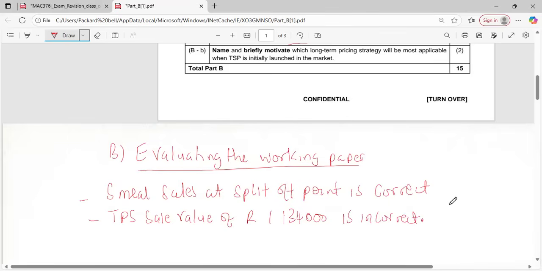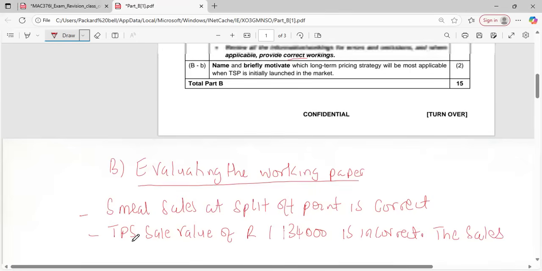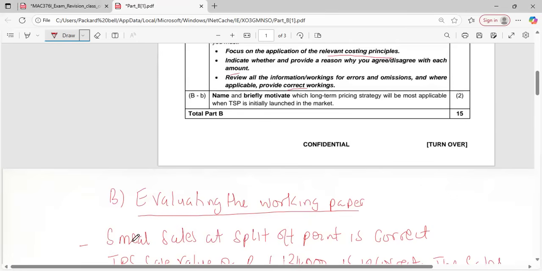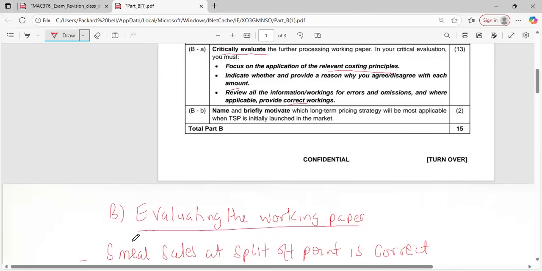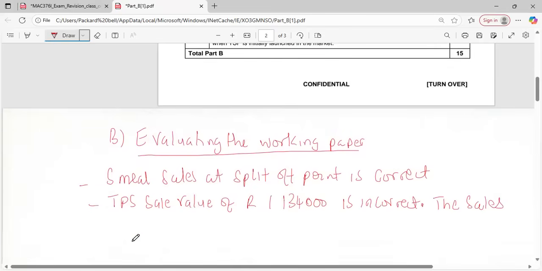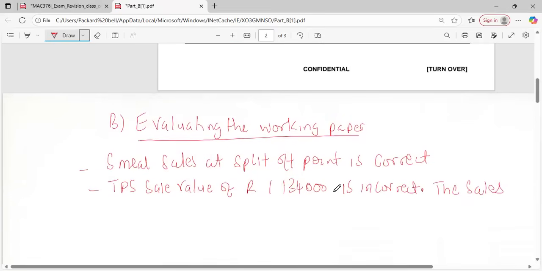Then you say the correct sales value is, oh, they say we are supposed to provide reasons, relevant information, working areas. So we should also point out the sales value did not include the normal loss.